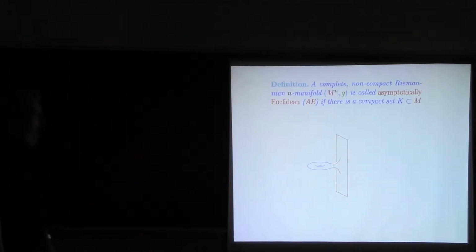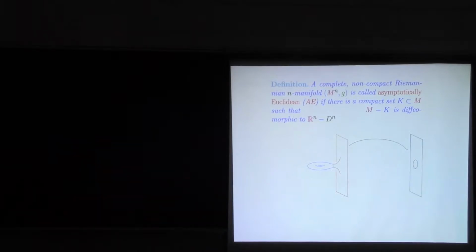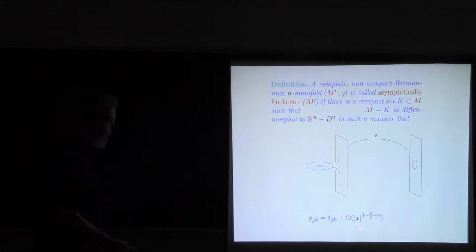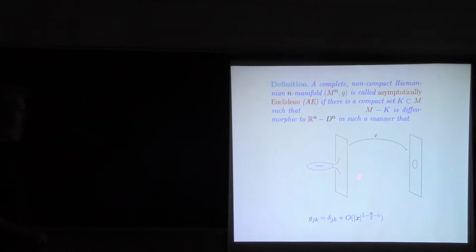If there's a compact set and a diffeomorphism from the complement of the compact set to Euclidean space minus a closed ball, such that when you transfer this metric over onto Euclidean space, its components are those of the Euclidean metric, plus terms that fall off like 1 over radius to the n over 2 minus 1, or a little bit faster than that.